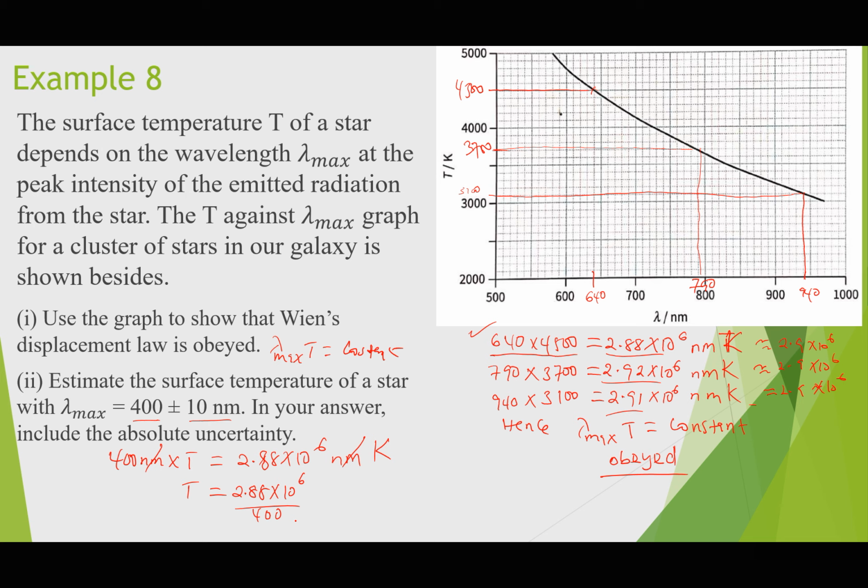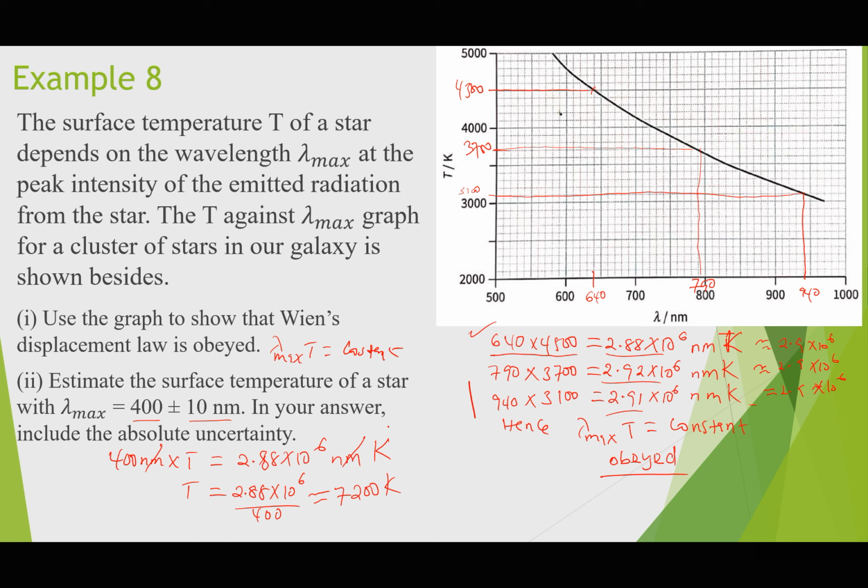This is approximately 7,200 Kelvin. So when lambda max is 400, the temperature is approximately 7,200. You can't see this from the graph, of course. Okay.